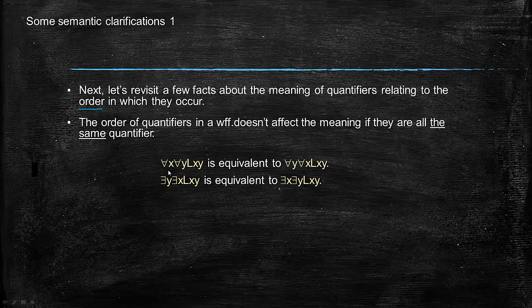When you have formulas where they only have the universal quantifier or they only have the existential quantifier, no matter how many there are, it doesn't matter what order these occur in, as long as they're WFFs. So you could have for all X, for all Y, LXY, or you could have for all Y, for all X, LXY. Similarly with the existentials.